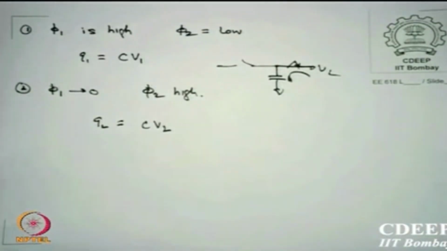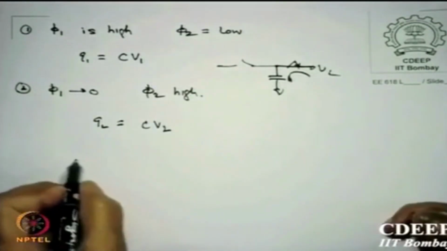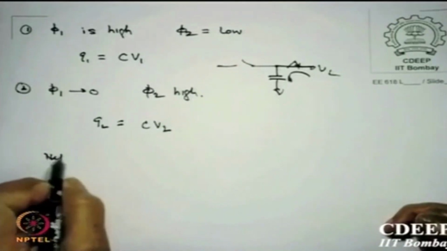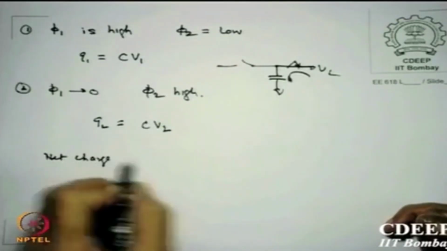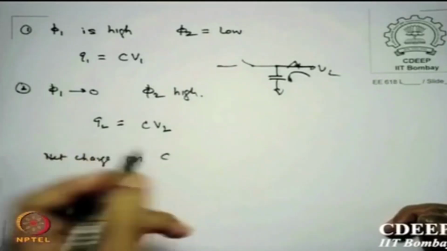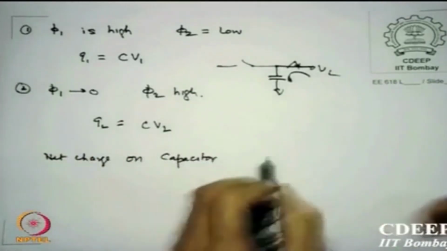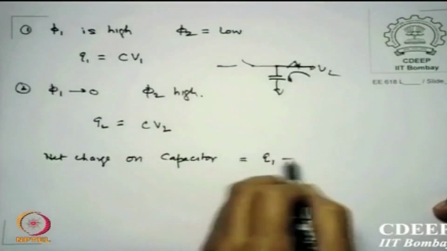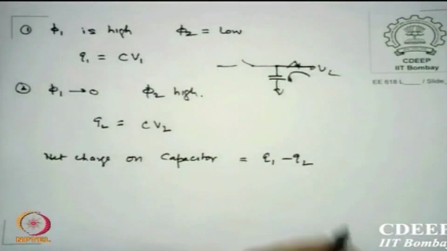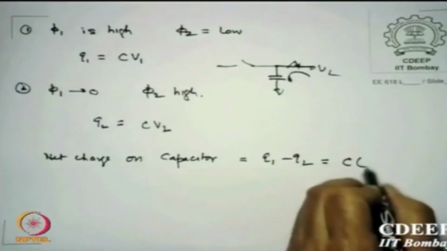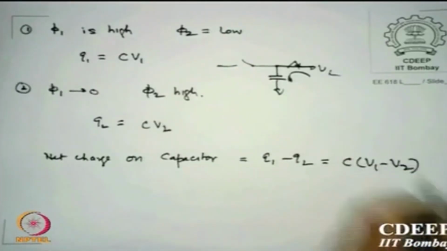However, if both are there, the net charge on the capacitor, assuming C1 V1 is higher, is Q1 minus Q2, which essentially is C (V1 minus V2).